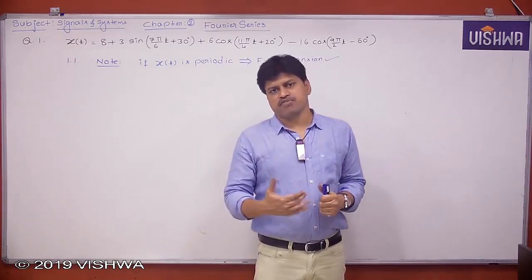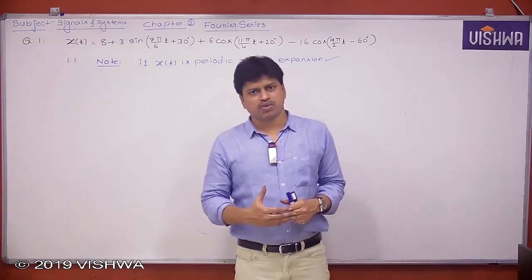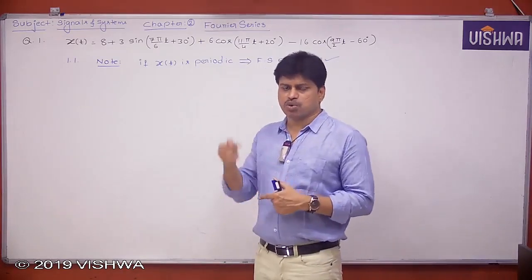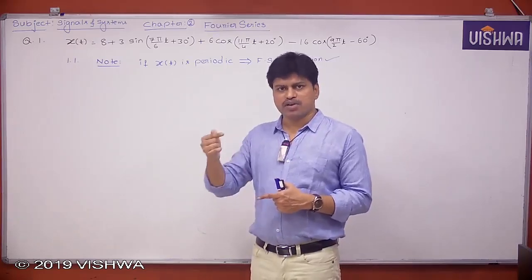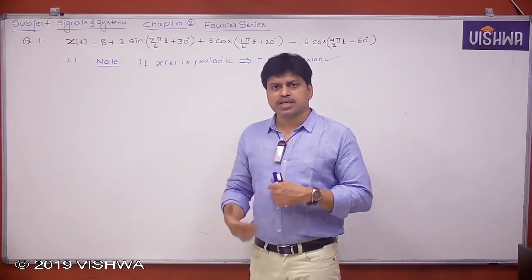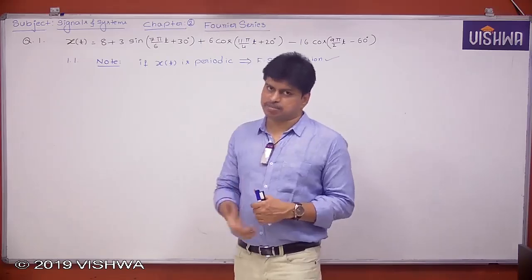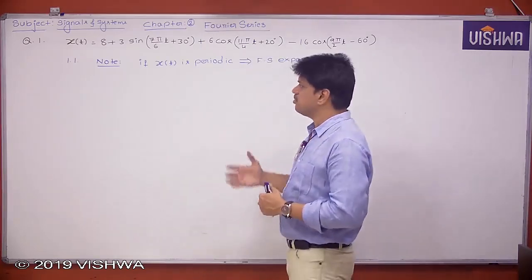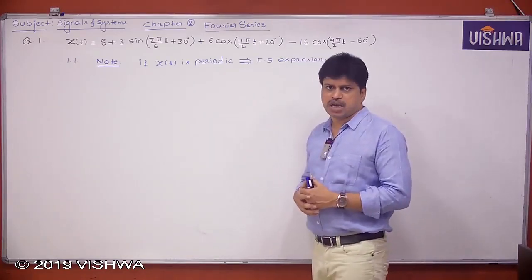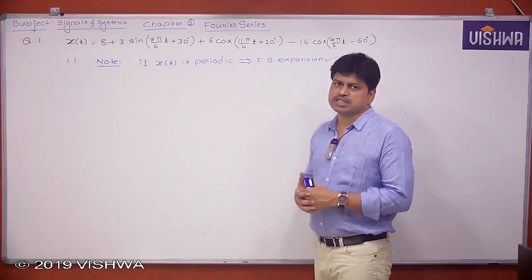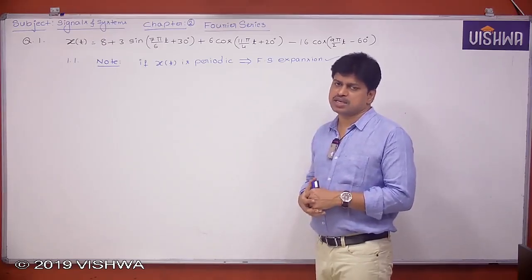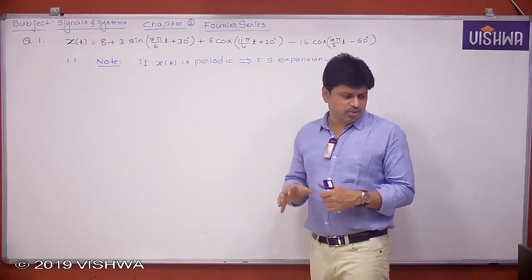To determine whether it is periodic or not, we just have to find the ratios omega 1 by omega 2, omega 1 by omega 3, and so on. If these ratios are rational numbers, then we can say the given signal is periodic. And if it is periodic, then it is a valid Fourier series expansion. That is the only thing we have to check.